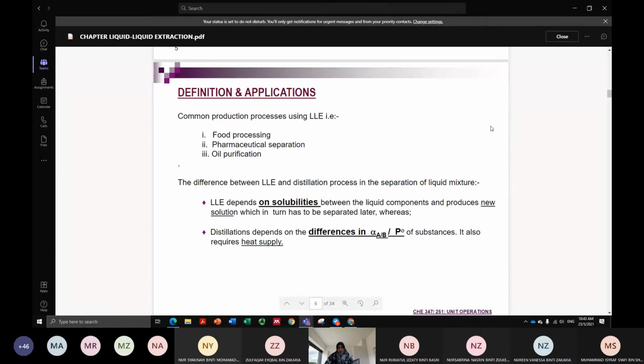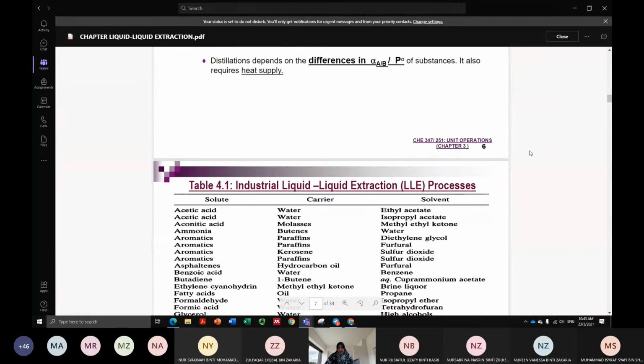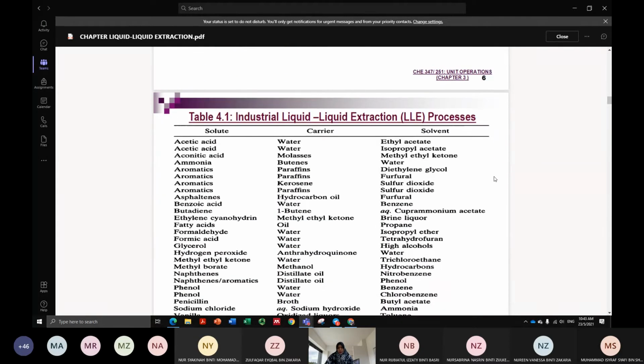You need to know which one is the solute, which is the solvent, and which is the carrier. The solutes are the components that you really need to separate from the solution.